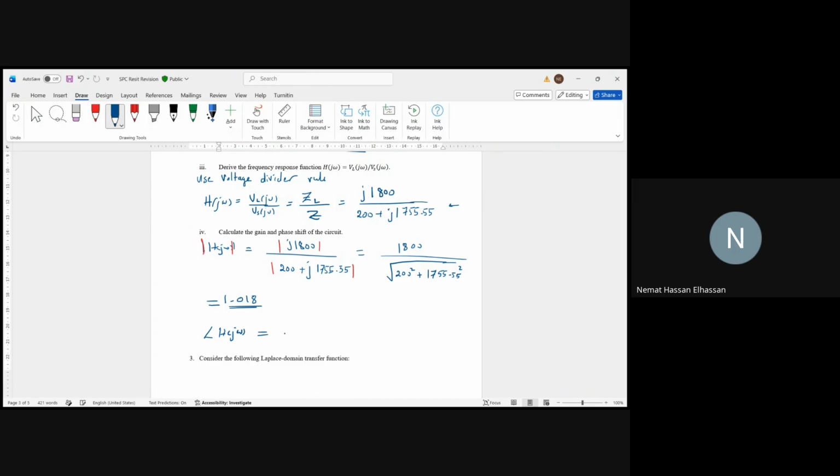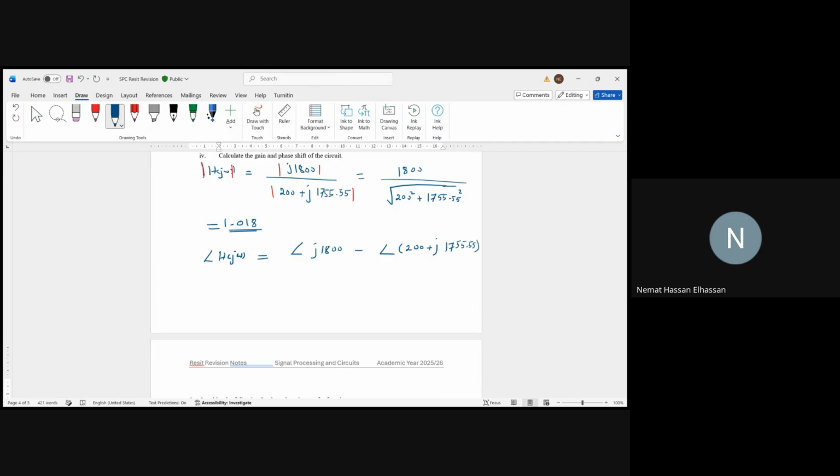Phase shift would be the angle of j1800 minus the angle of the second denominator term, which is 200 plus j1755.55. Now we already evaluated the angle of the total impedance from part A, which was 83.5.